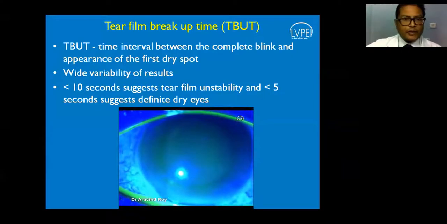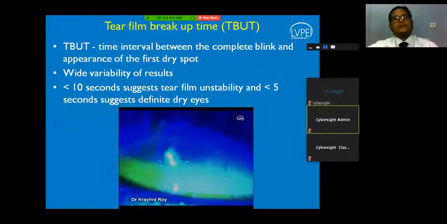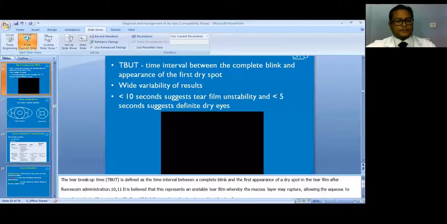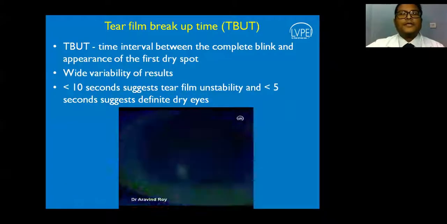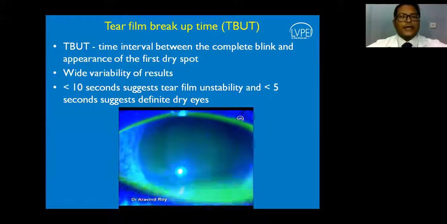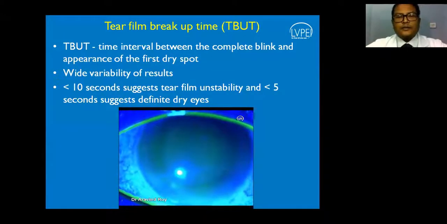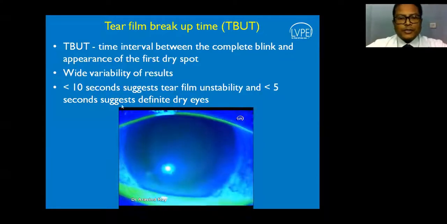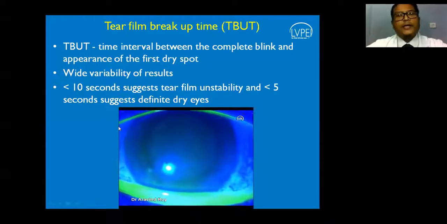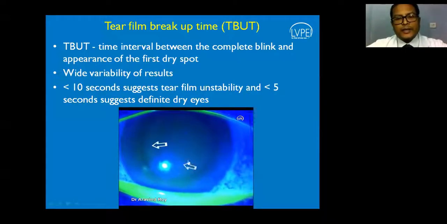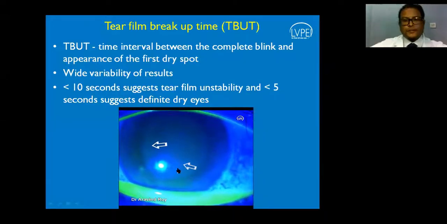We don't exactly know the mechanism of that. There is probably a break in the mucus layer which allows the aqueous to reach the surface, causing dry spots which, as shown in the video below, appear as prominent areas where the tear film starts breaking up.